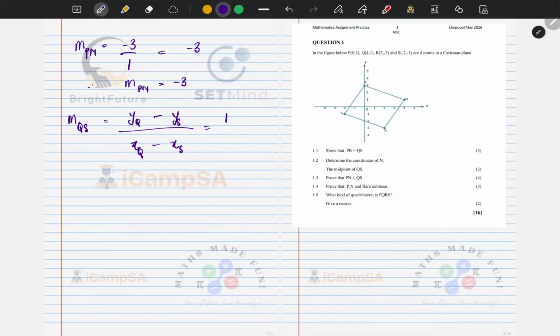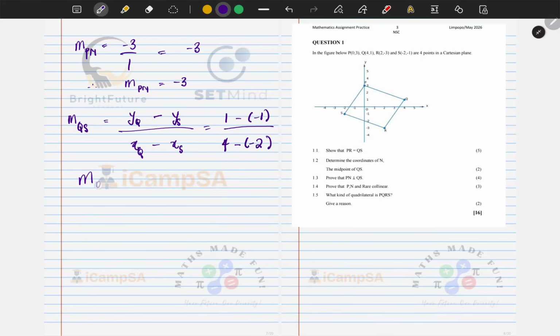Your y for Q is 1, minus your y for S, which is minus 1, over your x for Q, which is 4, minus 2.